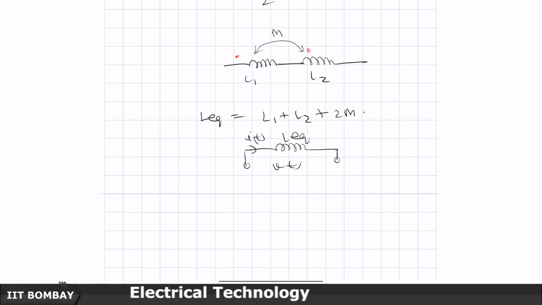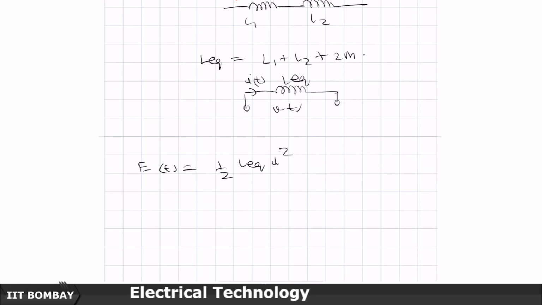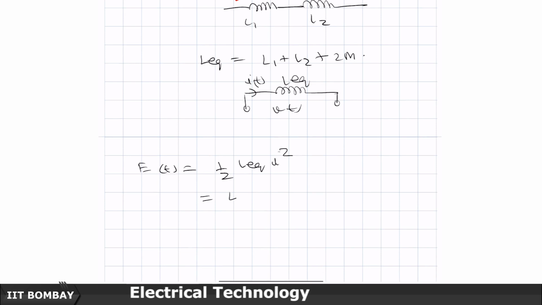So, now I can very quickly answer the question, what is going to be the stored energy in a mutually coupled coil also. The stored magnetic energy E at time t is going to be equal to half of L equivalent I square.